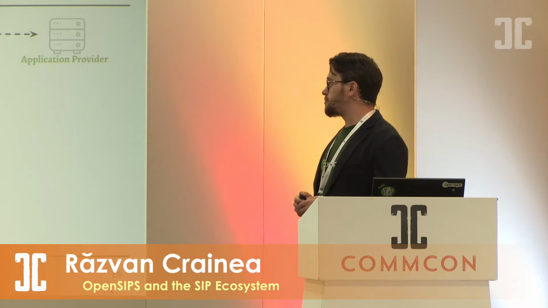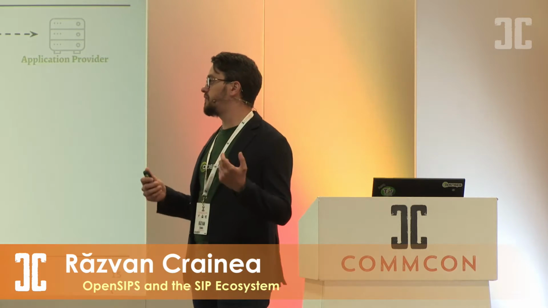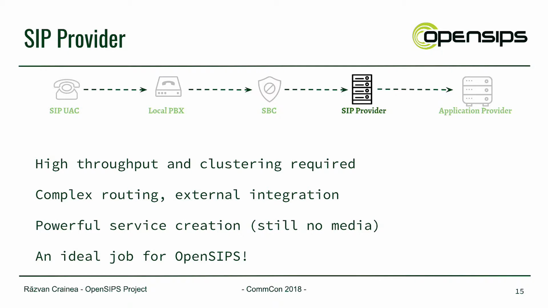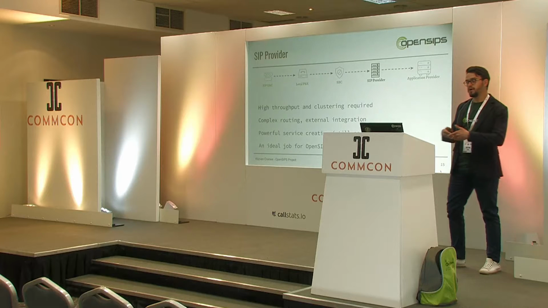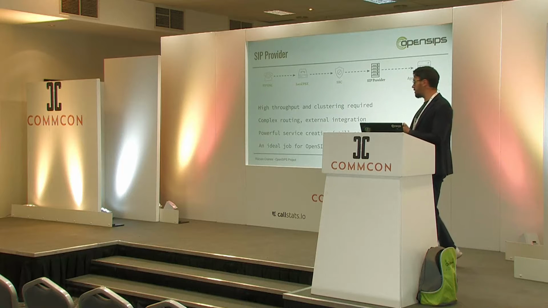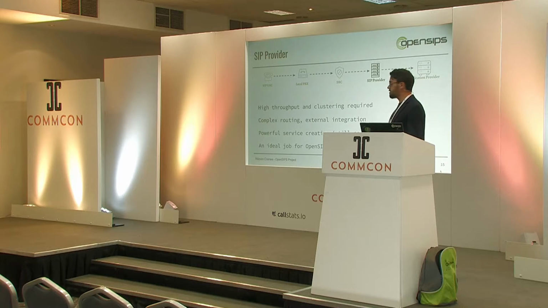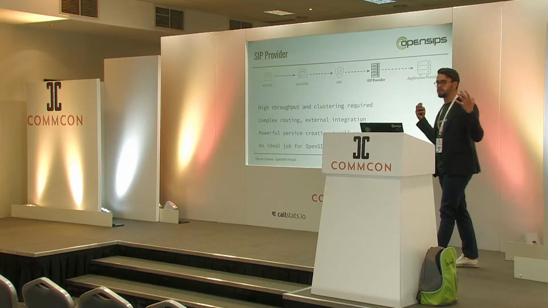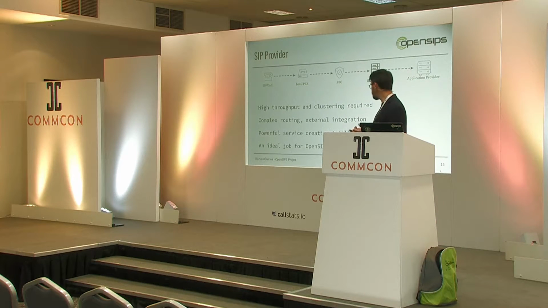But let's go to a SIP provider. A SIP provider requires very high throughput because it also has a lot of complex logic for routing. So having a lot of complexity, again, makes it a bit hard to scale. However, we can cluster multiple OpenSIPS instances in order to offer a single unified platform.